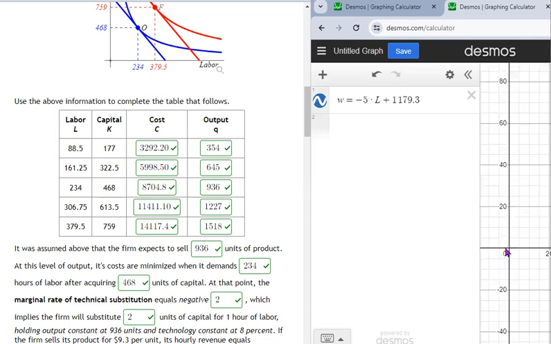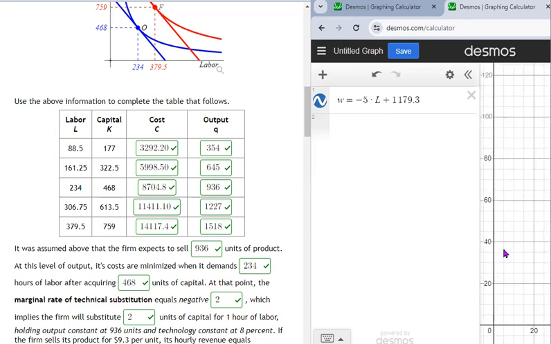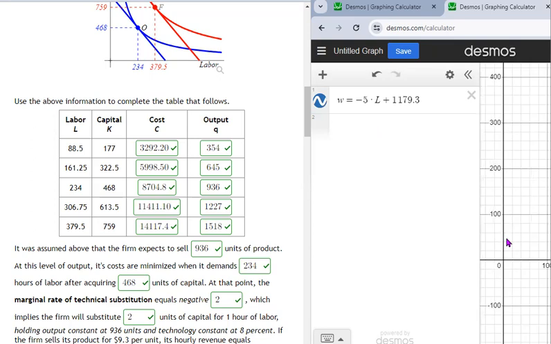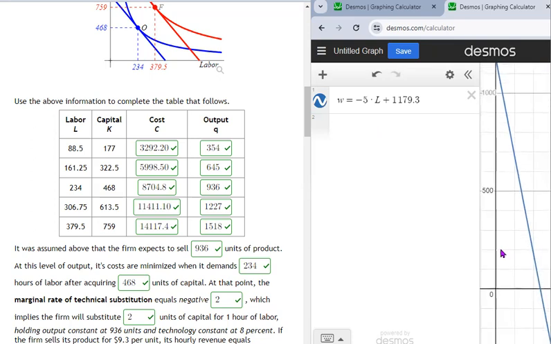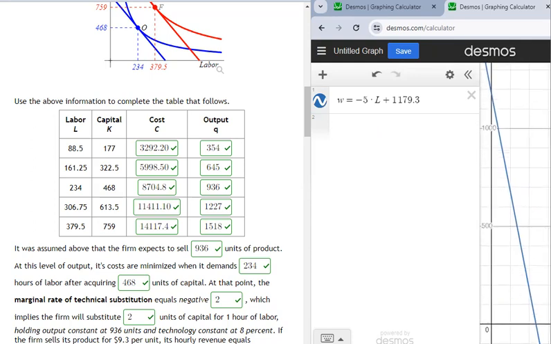I just assumed that was -5. Okay. So here's a labor demand equation, the blue downward sloping line.